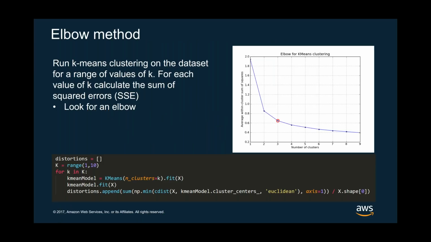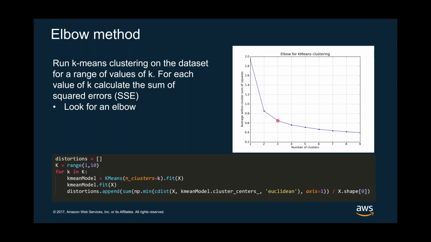Now, I mentioned that it's not particularly easy to determine in advance how many clusters you're going to have in your data set. There is a method called the elbow method, where you essentially repeatedly run your K-means clustering for a range of values for K. For each value of K, you calculate a sum of square errors, and you just graph that.